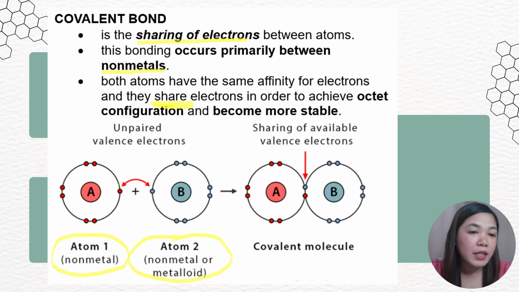Both of them have the same valence electrons in here. So the electron of A and the electron of B are being shared by the two of them. This makes atom A and atom B stable. This is how covalent bonding happens.